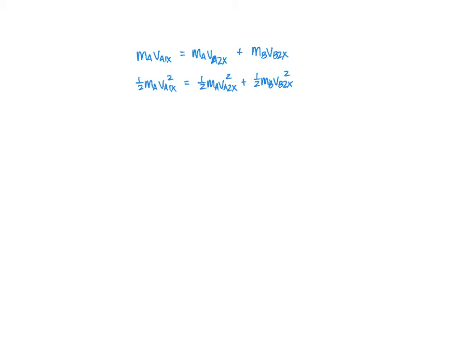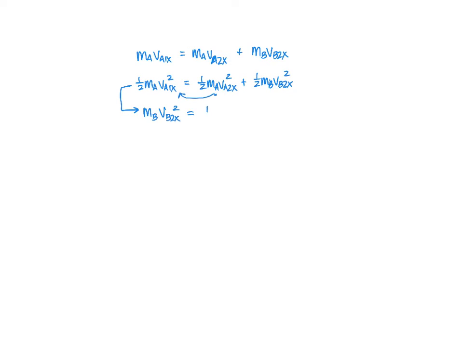Now, what we're going to do is rearrange both of these equations. I'm going to take this expression and rearrange it by solving for mb vb 2x squared. So basically I'm going to multiply the whole equation through by 2, and then move this term over here.